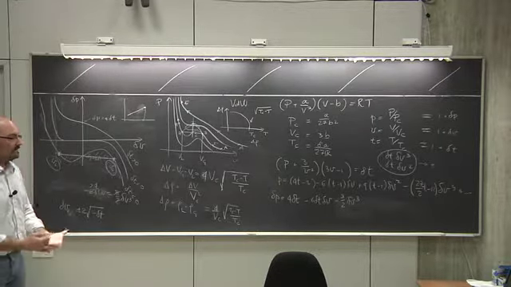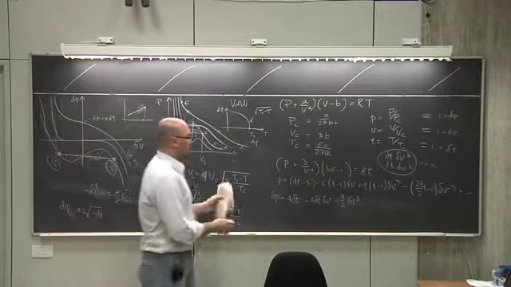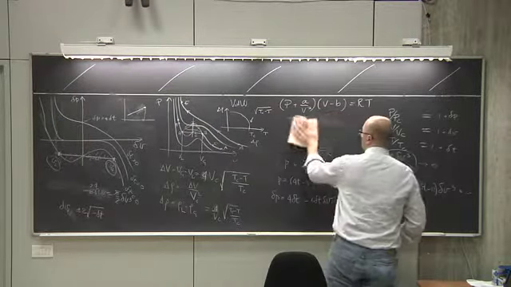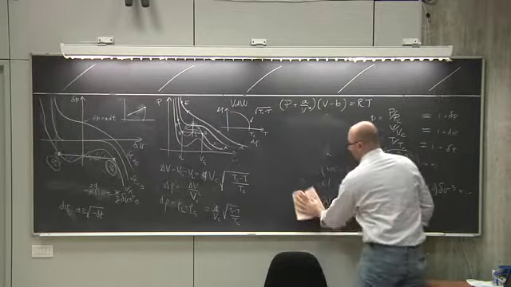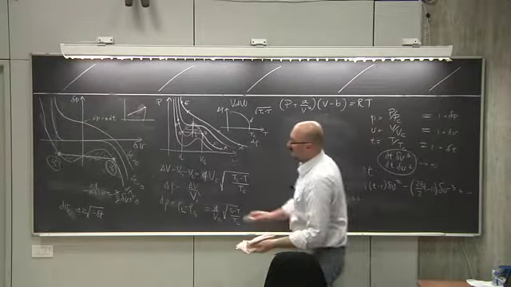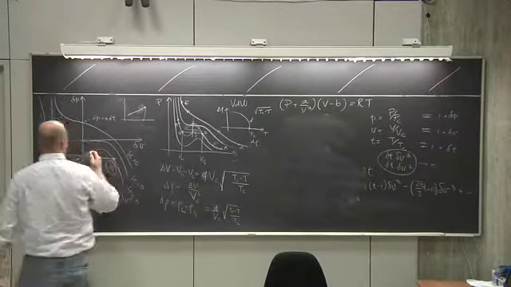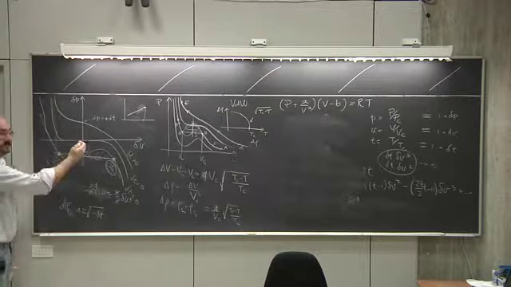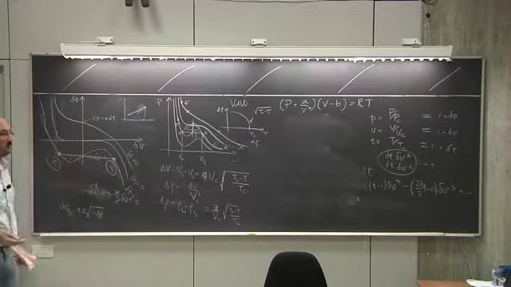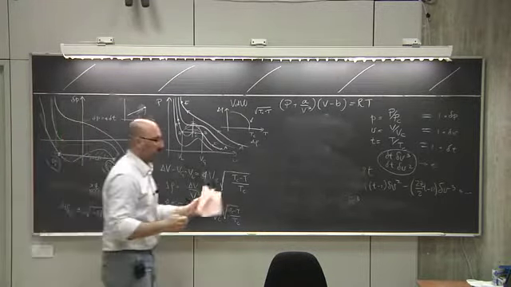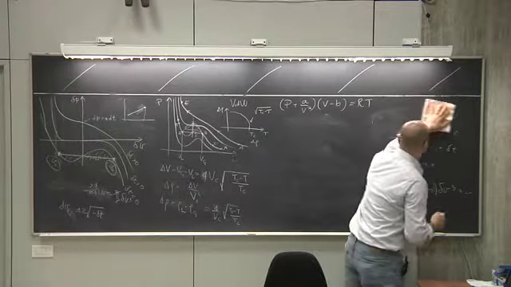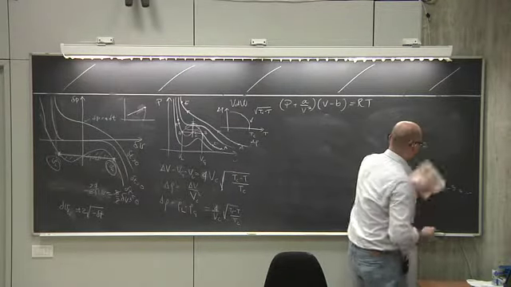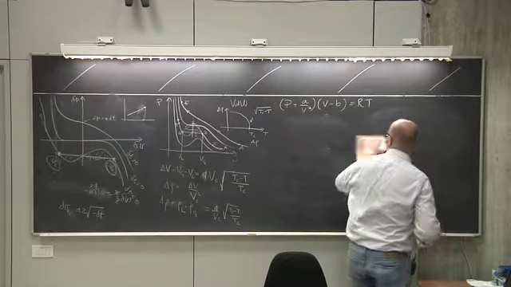Okay. Now let me do another calculation. The idea is the following: the two phases are the same above the critical temperature, and they are distinguishable below the critical temperature. The two phases, liquid and gas, are the same above, and they are different below.